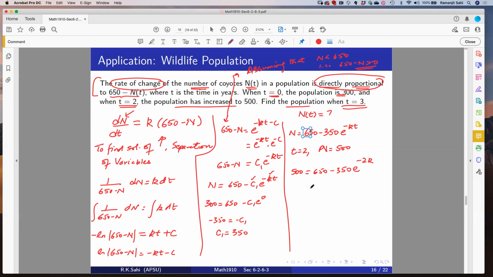Now doing the math, what are we going to get? We get negative 150 equals negative 350 e to the power negative 2k, or 15 over 35, which is 3 over 7, equals e to the power negative 2k.